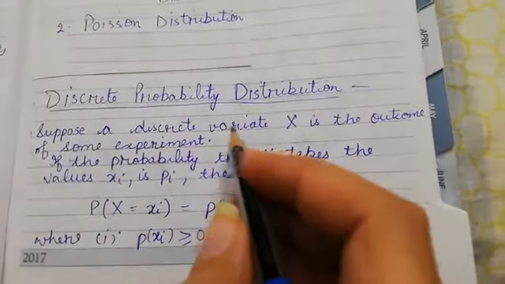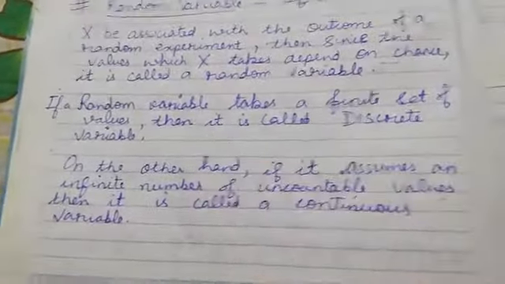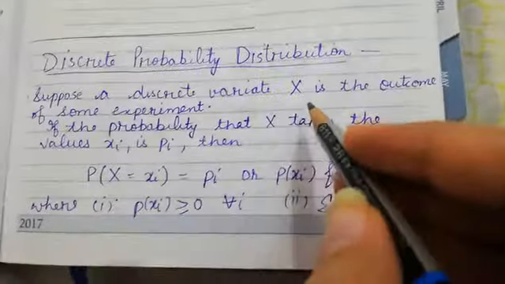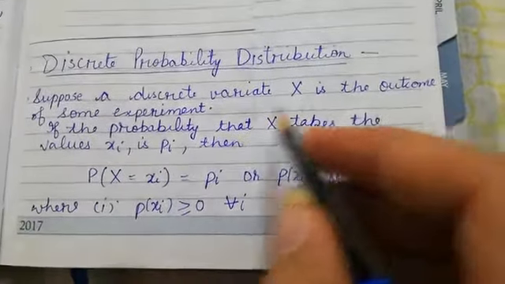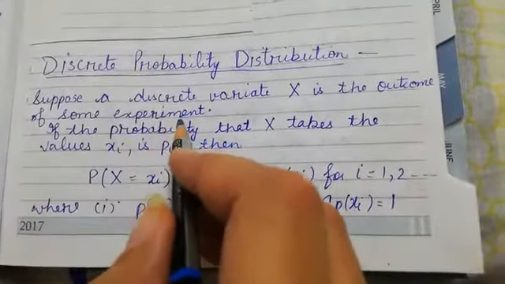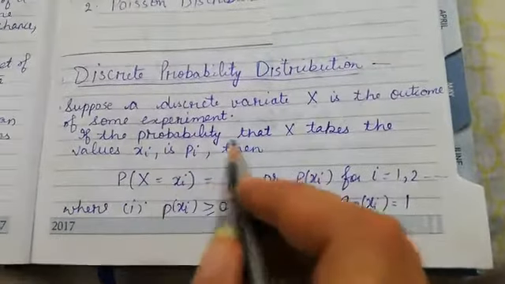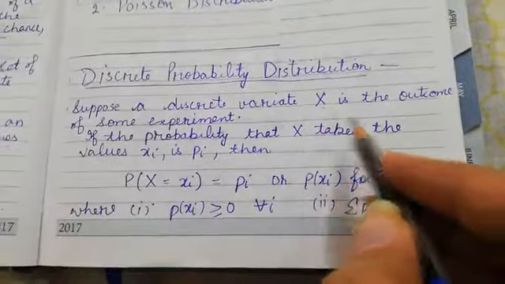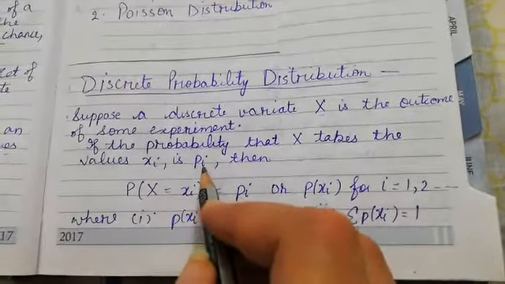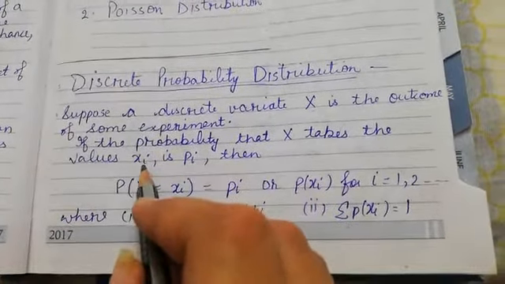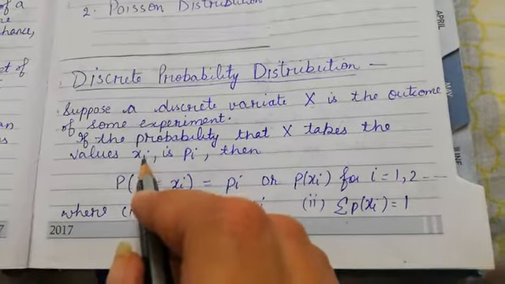So suppose a discrete variate capital X, that is this one, the discrete random variable, is the outcome of some experiment. We have performed an experiment and we got this discrete variate. Then the probability that X takes the value Xi is Pi. That is, let us suppose these Xi's are X1, X2, X3.